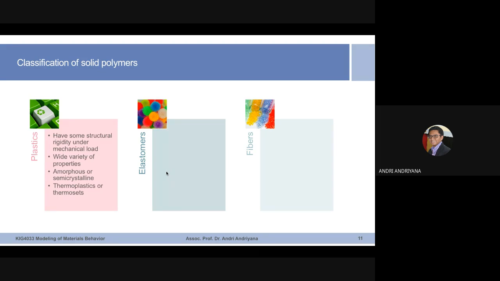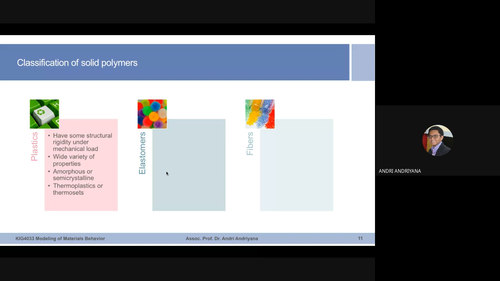First is plastics. Plastics have some structural rigidity under mechanical load. So they have a certain, significant stiffness as compared to elastomers, for instance. And you can have plastics with a wide variety of properties.